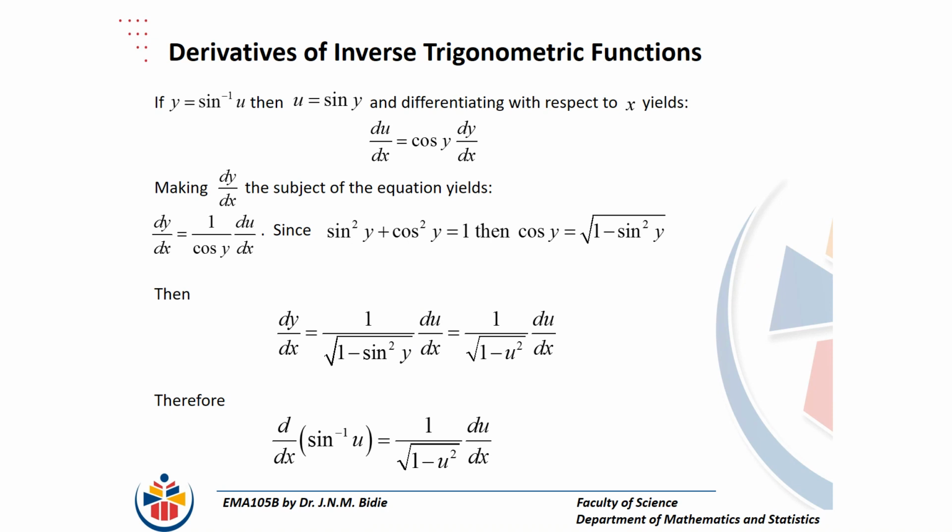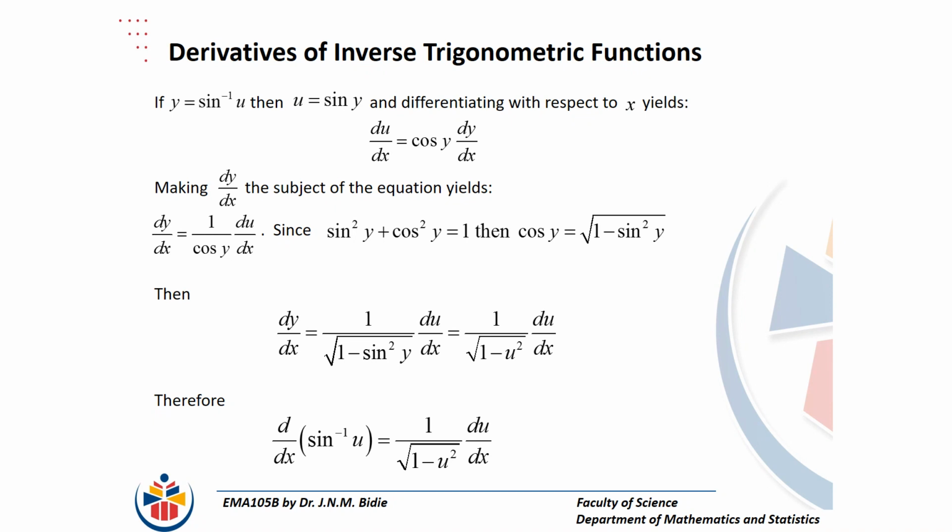We have not lost that du over dx. I hope you're noticing. And then because we had said u is equal to sine y, therefore sine squared y will be equal to u squared. Therefore, we have dy over dx equal to 1 over the square root of 1 minus u squared multiplied by du over dx.